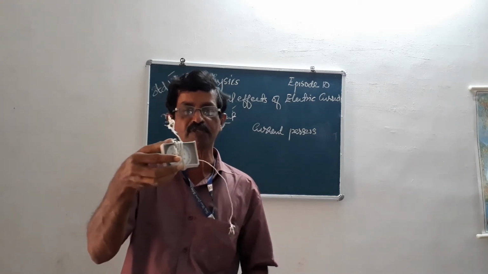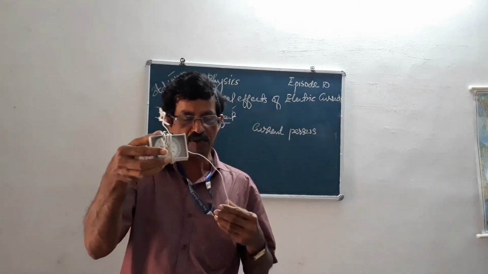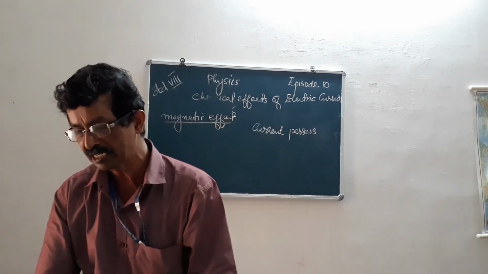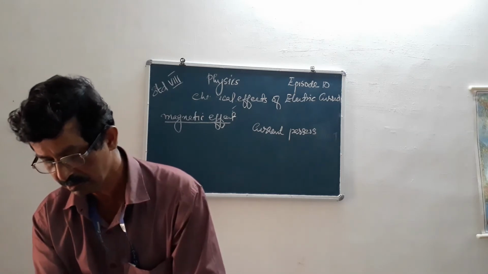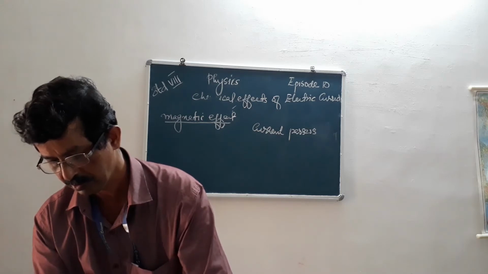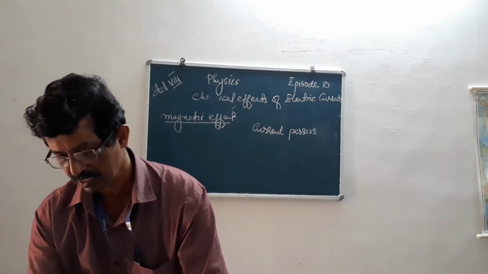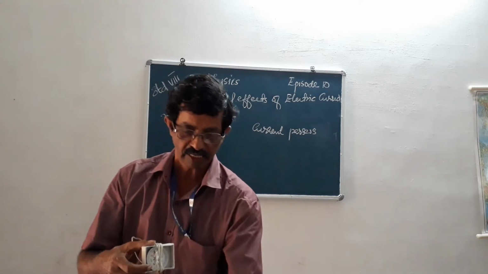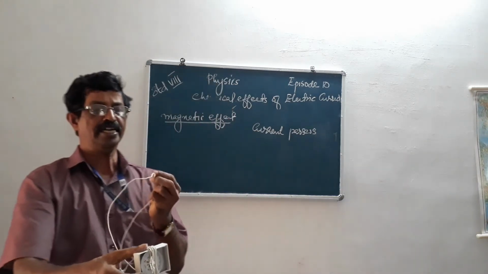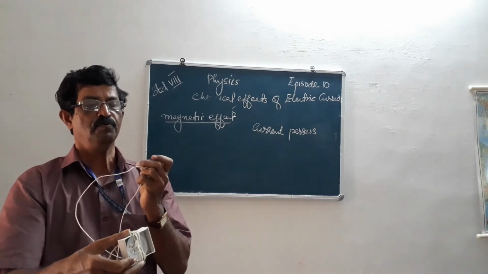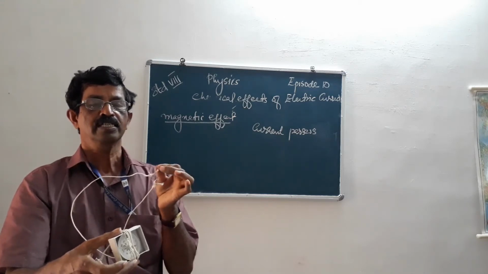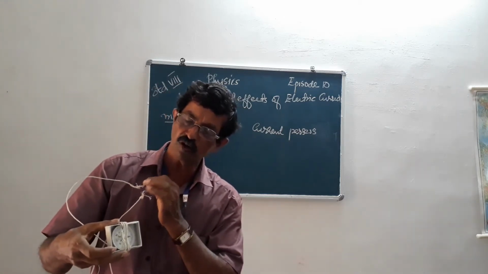From the negative of the battery, we can take another free terminal. When we dip these two terminals, well connected together, we can see there is a deflection of this compass.